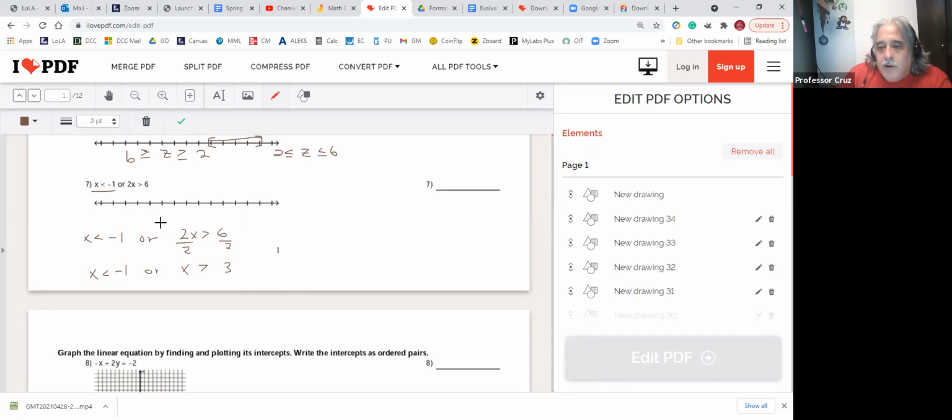All right. So what we got to do is, let's let this be 0. So this is negative 1, 1, 2, 3. So this is greater than 3, so it's going to be a parentheses, arrow in that direction.